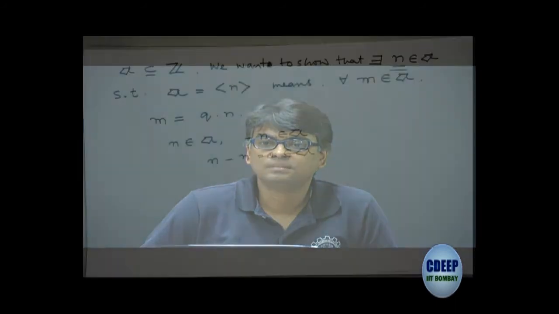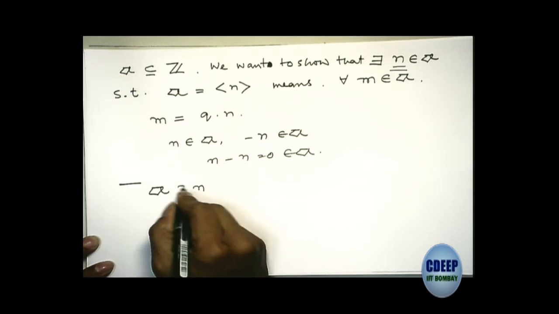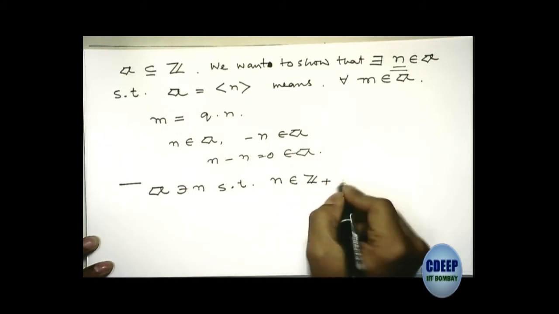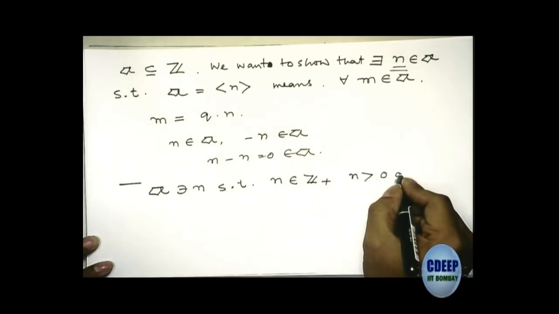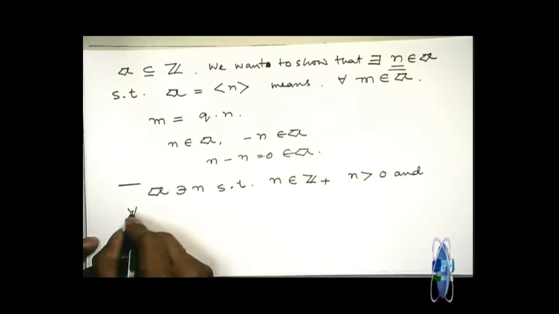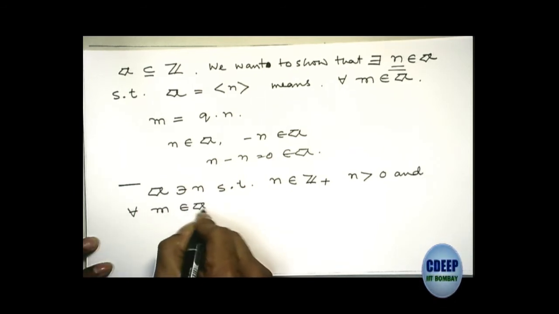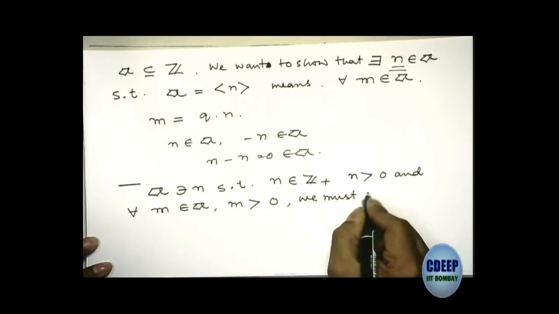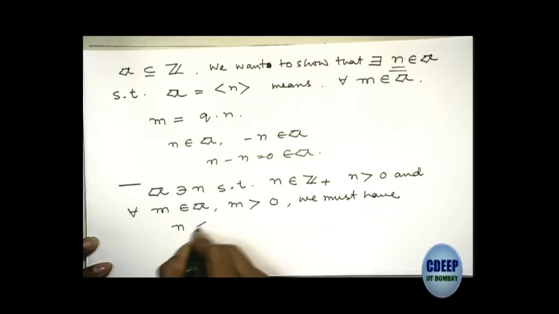So if n is equal to qm plus r, then as we know m belongs to the ideal. Okay, so here is the deal. Somebody gives us A and we choose n in A such that n is positive, that is n is greater than 0, and for all m that is there in A and m is greater than 0, we must have n less than or equal to m.